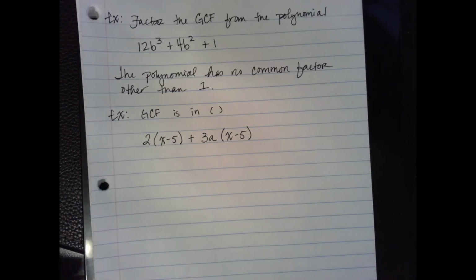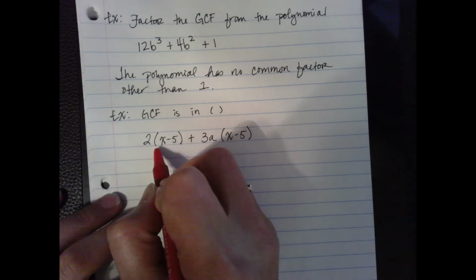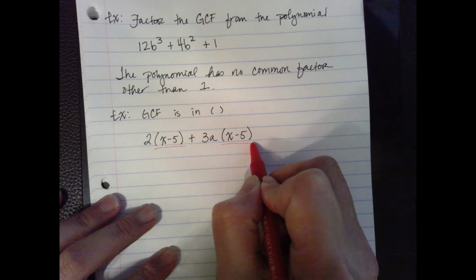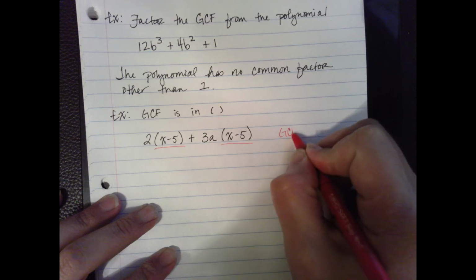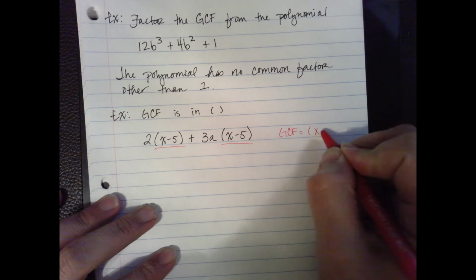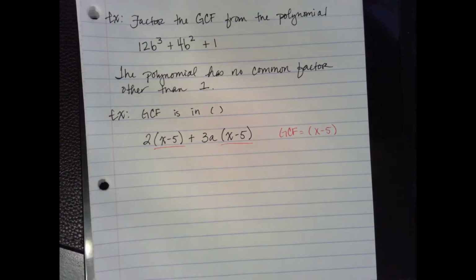So notice we're still looking at what is common to both terms. Here that is x minus 5 and x minus 5. So our GCF is the set of parentheses (x minus 5).